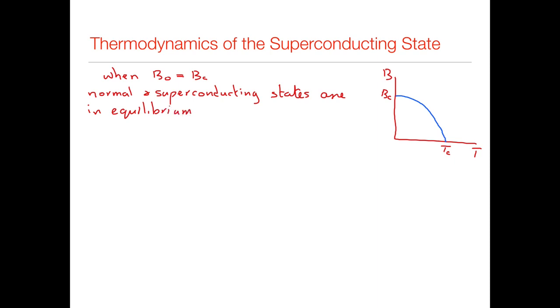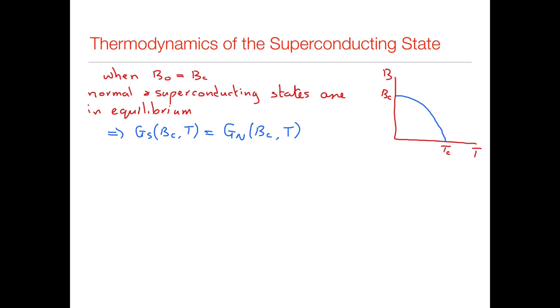So what this tells us is that GS, BC, and T equals the Gibbs energy of the normal state. Okay, hopefully that notation is okay. BC. Okay, so in other words, when we're on this phase boundary, the free energy of the superconducting state and the normal state are the same.